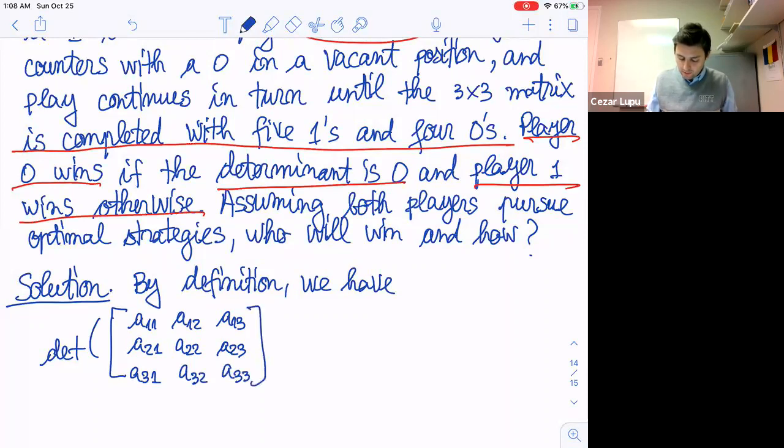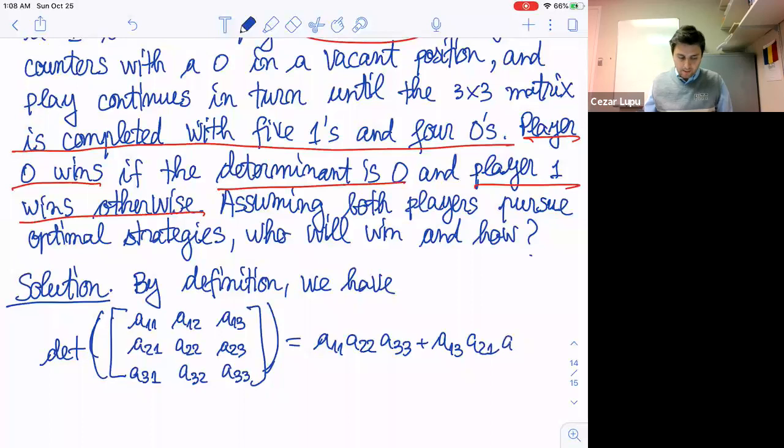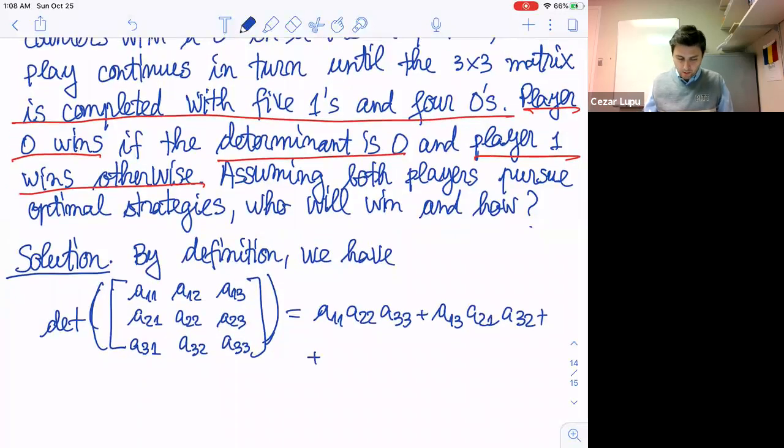So the determinant of this 3x3 matrix, like I said, there is a formula, whatever the triangle rule or Sarrus's rule, this will be A11 A22 A33 plus A13 A21 A32 plus the third one will be A12 A23 A31.